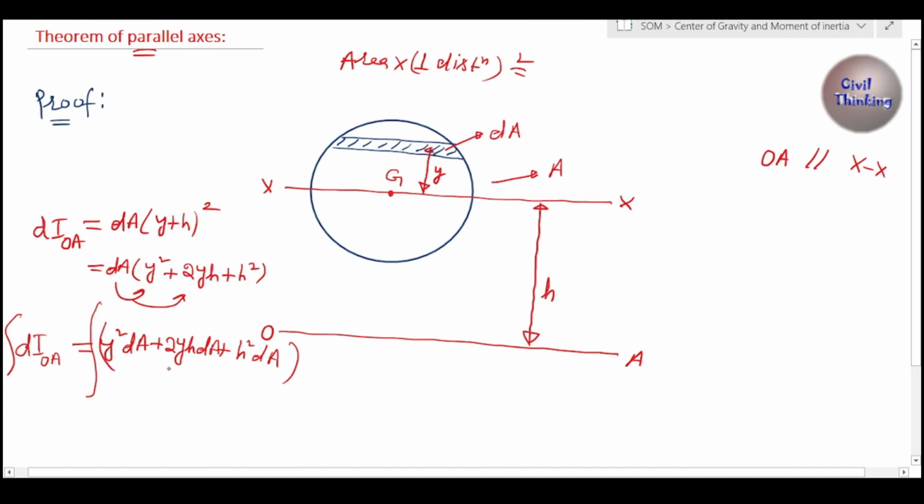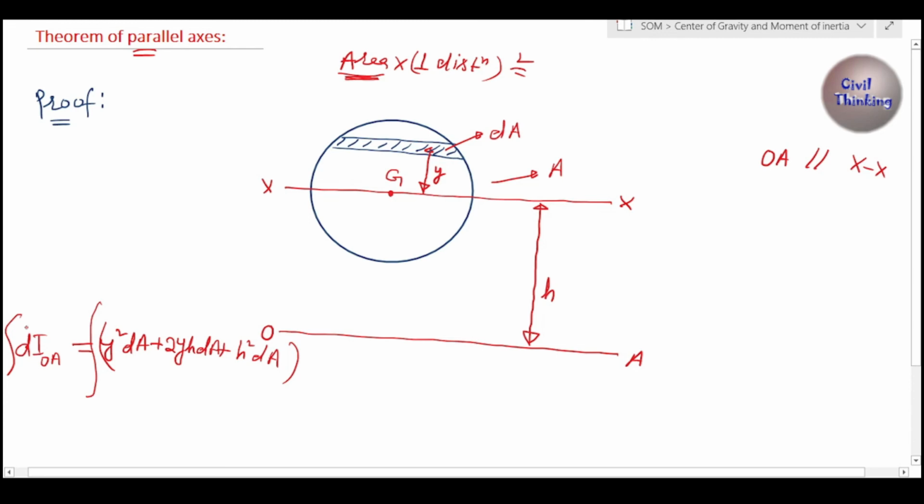You can see the integration will affect only dA. It is going to convert them into the area A, because now the area is whole. The whole area will be included after the integration. That's why the integration of this equation is going to be the moment of inertia of the whole area about OA.